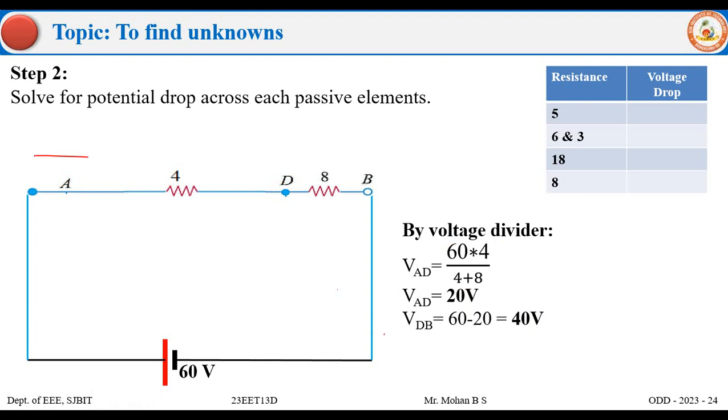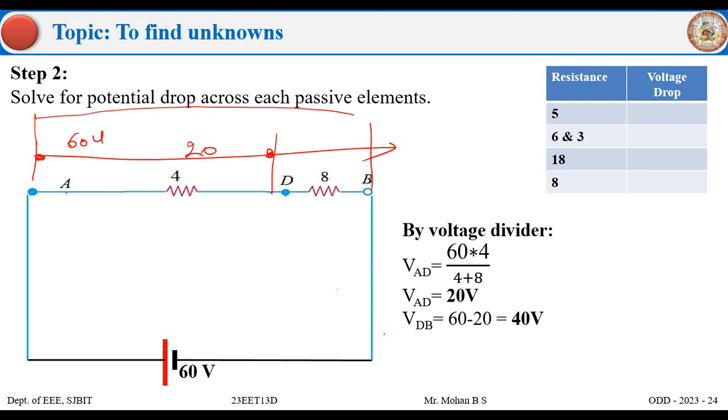Now this entire stretch is actually 60 volts, out of which from point A to point D is 20. It's obvious that from point D to point B, it would be 60 minus 20, which is nothing but 40 volts. I hope it is clear.